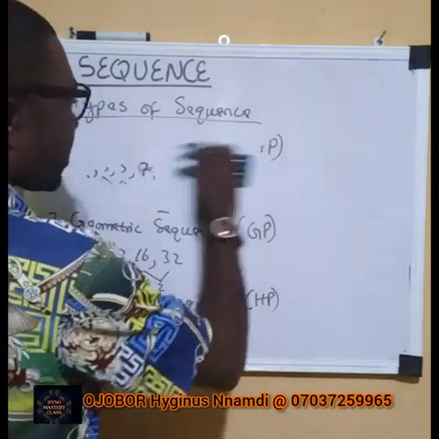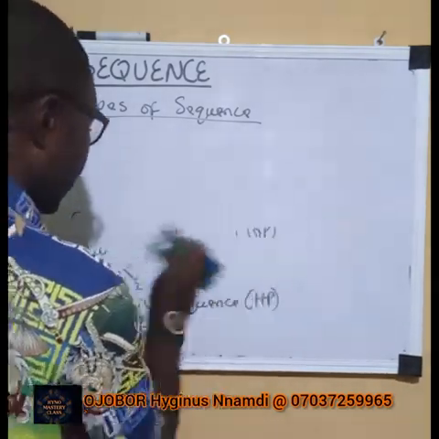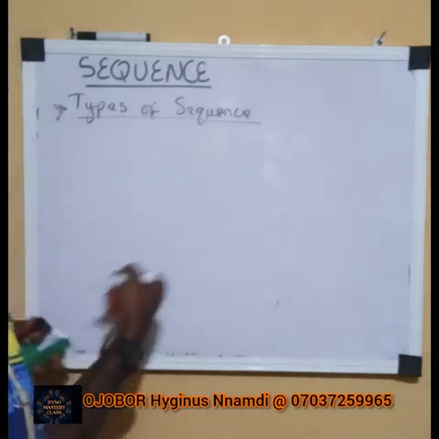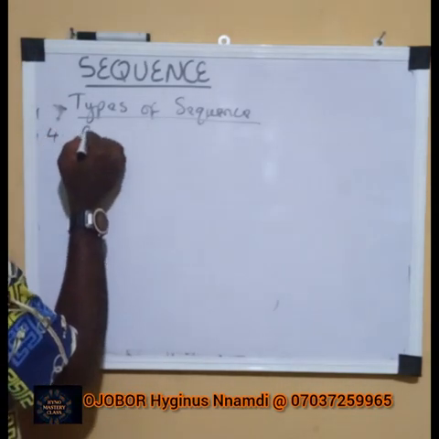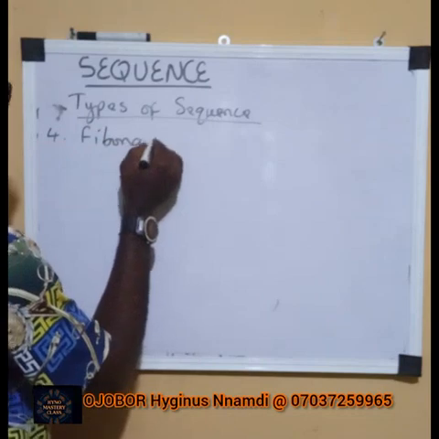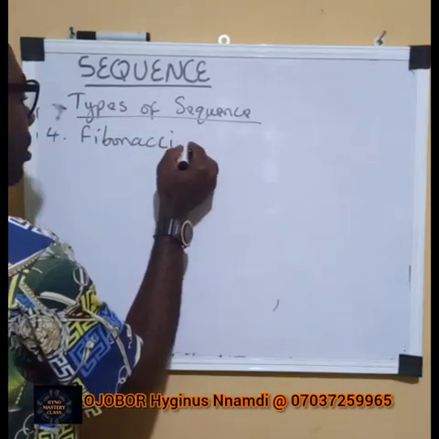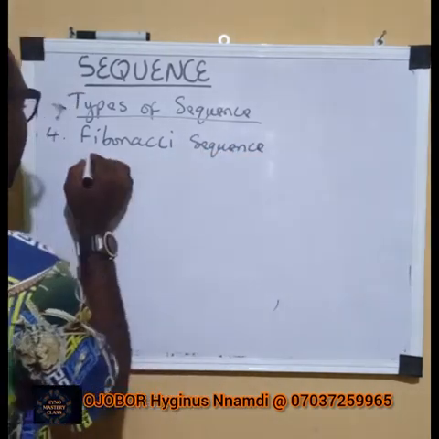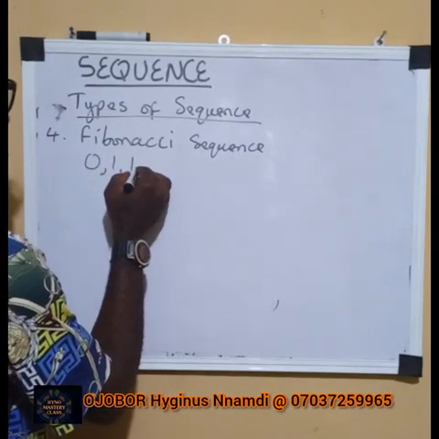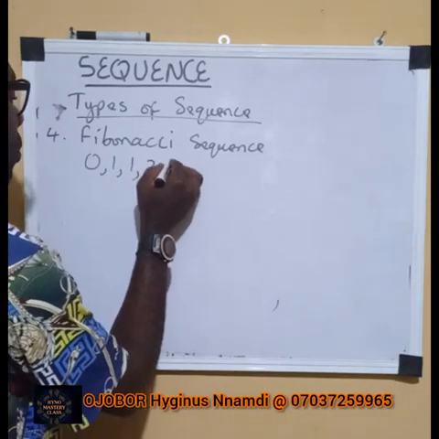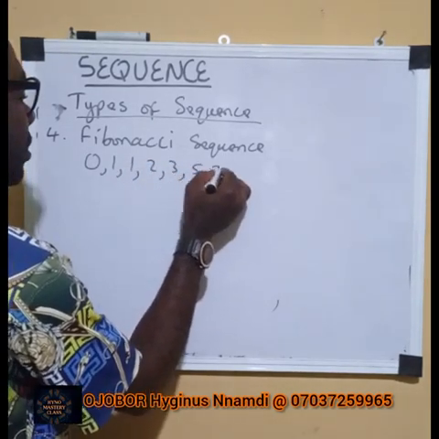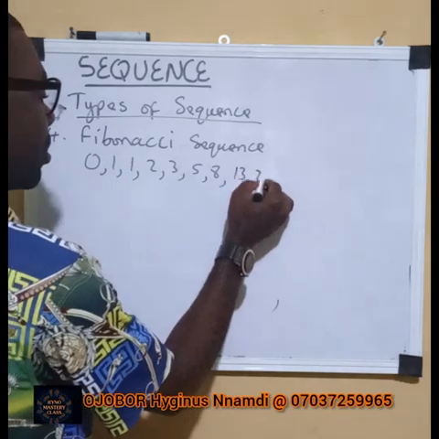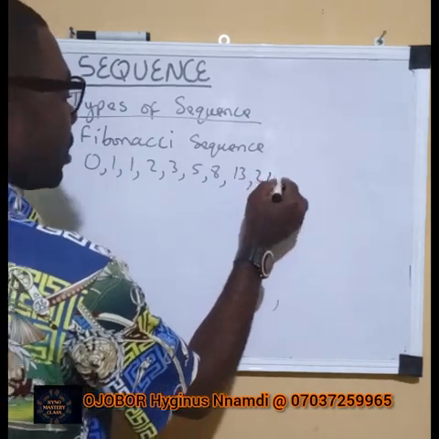We also have this special type of sequence we call Fibonacci sequence. This is a special type of sequence when you have something like this: 0, 1, 1, 2, 3, 5, 8, 13, 21, and so on and so forth.